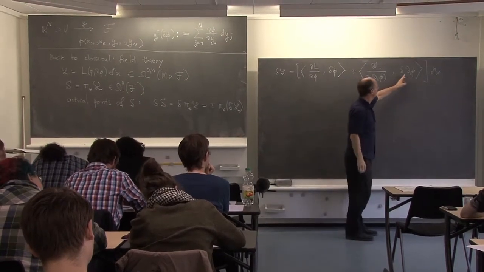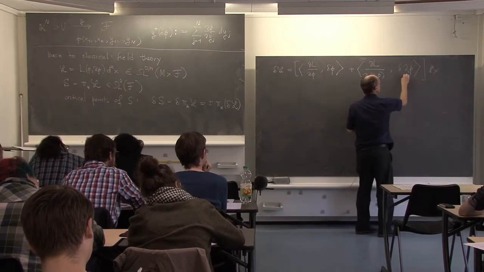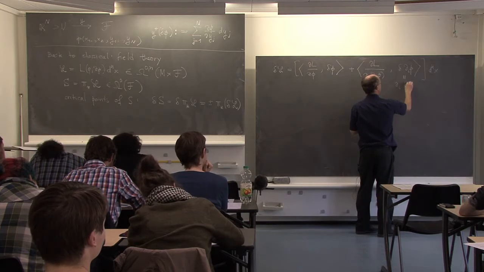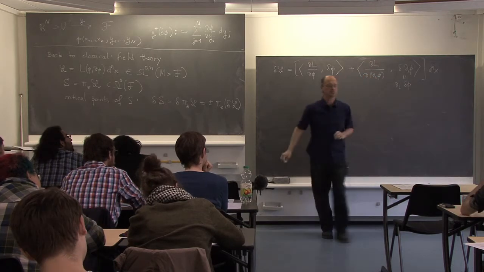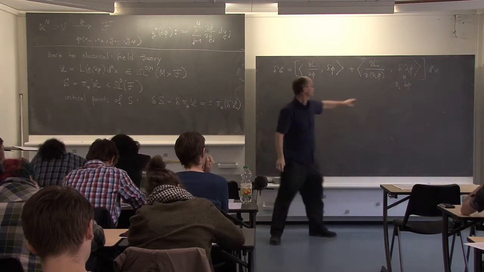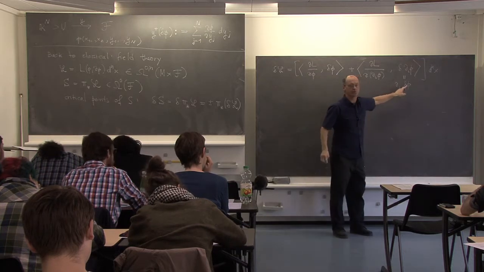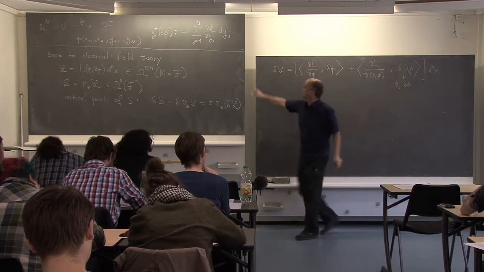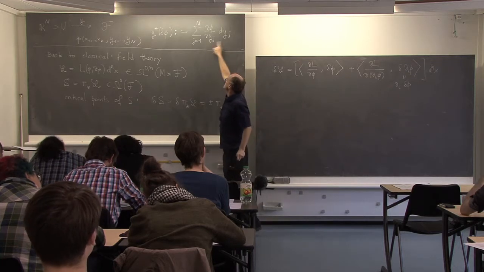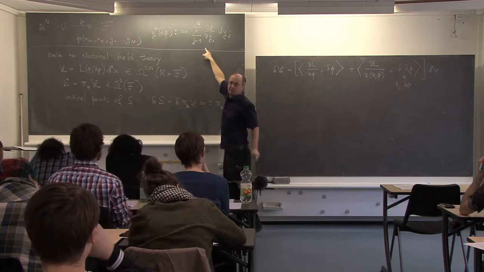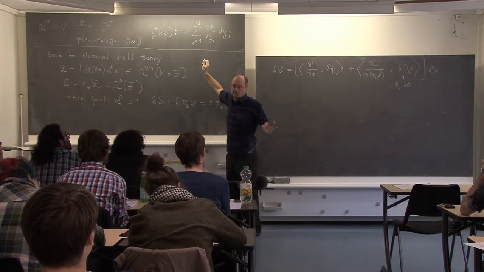Well, delta d_i phi, that's the same as d_i delta phi. So here there is no difference. Why is that? Remember that this delta phi, what is it? This is a differential with respect to some other variables, right? Roughly speaking.